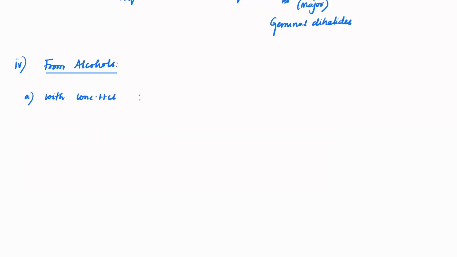Then what will happen? See, in concentrated HCl, suppose you have a 1 degree alcohol and you are treating this with concentrated HCl, correct? You will hardly see any reaction happening, no reaction.